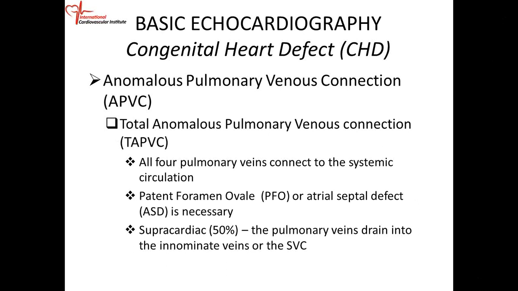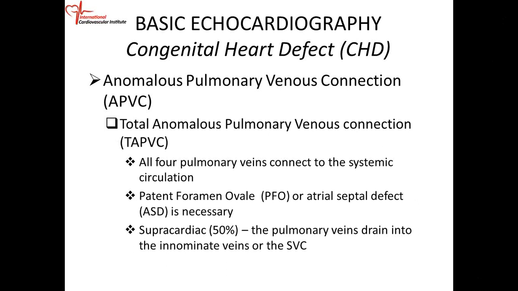All four pulmonary veins connect to the systemic circulation. So what we're saying is that none of the pulmonary veins drain into the left atrium. You need some connection between the right atrium and the left atrium for these babies to survive.